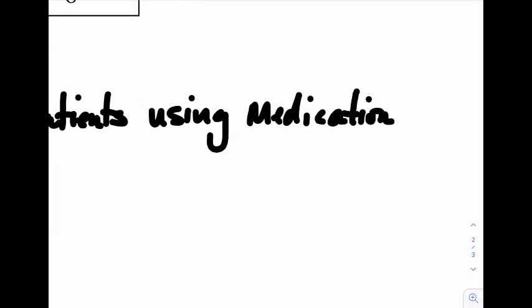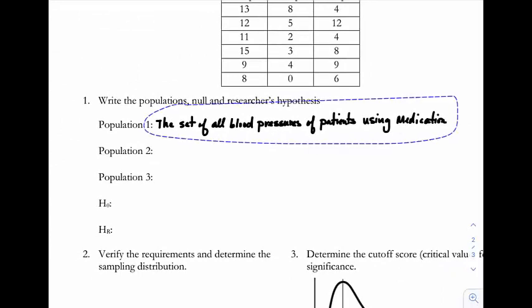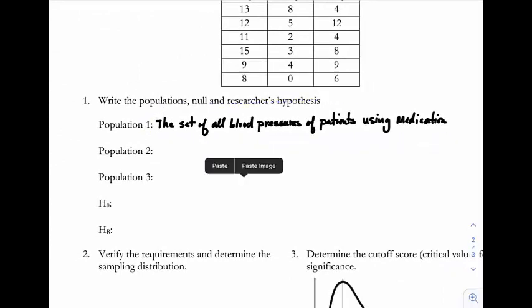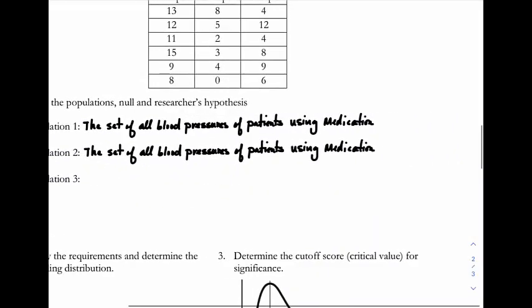So pretty much copy and paste that for the others, and of course change that slightly. Population number 2 is the exercise group, so given or using, I'll put here using an exercise program.